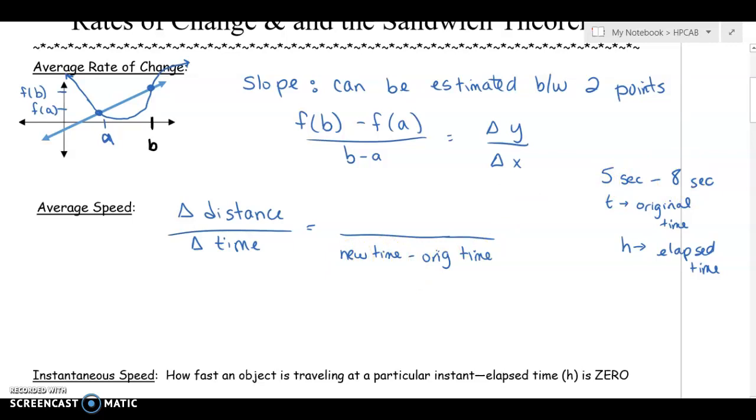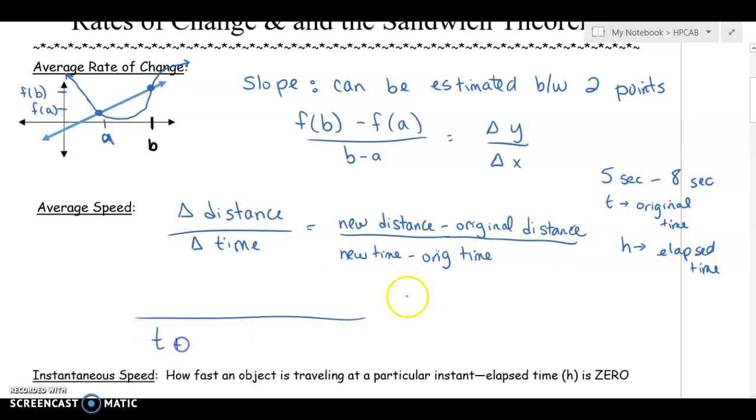On the numerator, change in distance, we would do whatever the new distance is minus the original distance. We're going to replace these with some variables and get a very important equation here. The new time is going to be whatever your original time was, t, plus the elapsed time, h. 5 plus 3 will give you the new time.